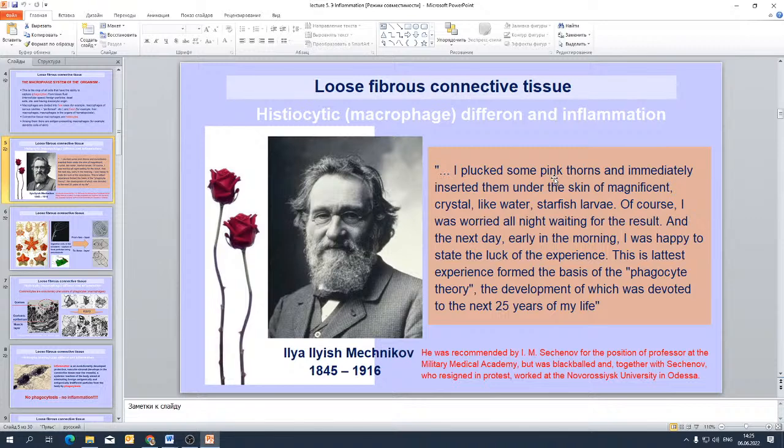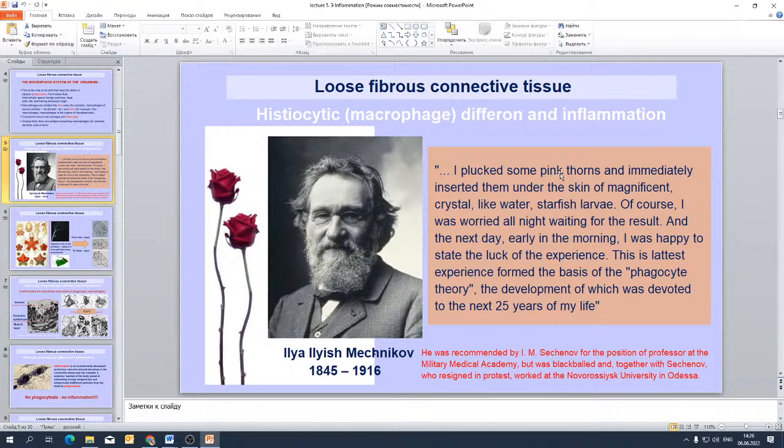If I discuss rose, maybe rose color, maybe rose flowers. In this case, I plucked thorns of a rose and immediately inserted them under the skin of magnificent crystal-like water starfish larvae.